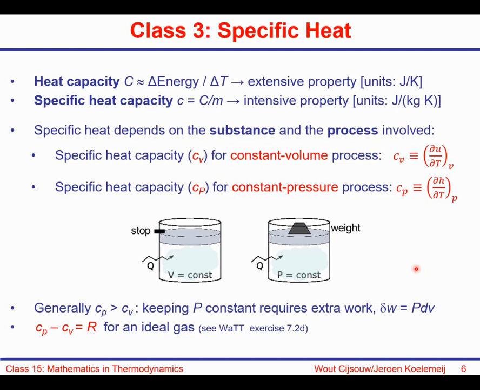And as you will see in exercise 7.2D in the Wout reader, the difference between the two can in some cases be astonishingly simple. If it's an ideal gas, then Cp minus Cv is just equal to the gas constant.